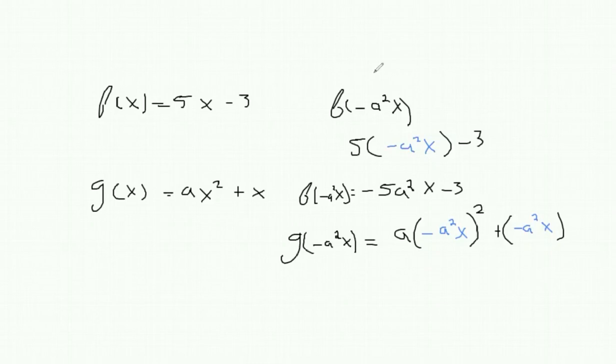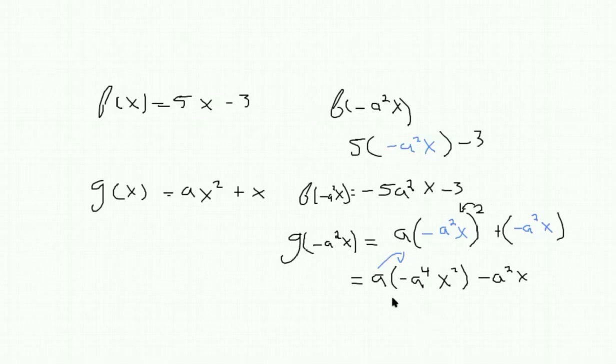So remember our rules of exponents. When I'm on the outside, that goes to everything inside. So then this equals a, parentheses, negative a to the 4th, because 2 times 2 is 4, x squared. And now I'm going to get rid of these parentheses and just do minus a squared x. And now distribute my a through from the outside, the distributive property.